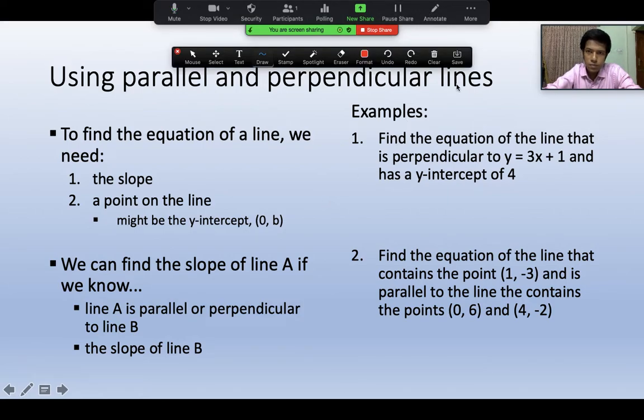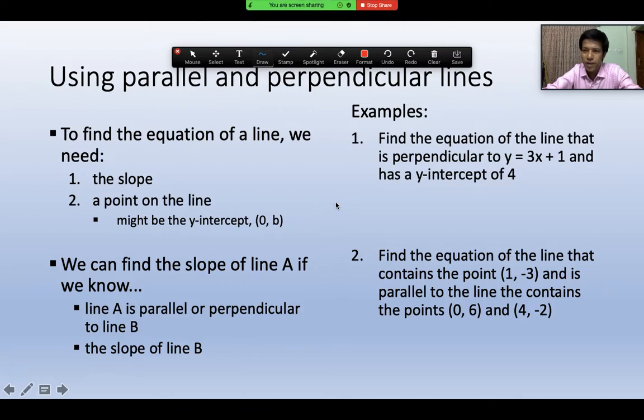Suppose the slope is given, let's say 2, and one point is given, let's say (1,4). Or it can be the y-intercept also. If the y-intercept is given, then one value will be 0, so that is actually easier.